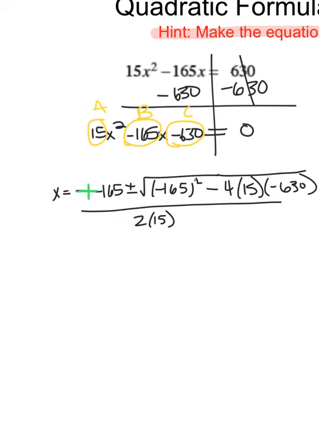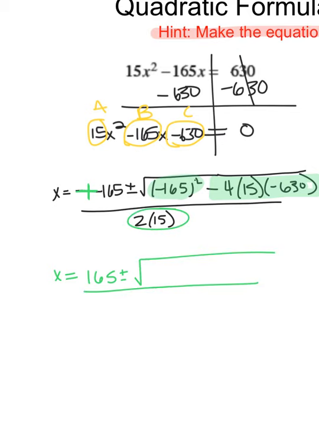And then we're going to look at the parts under the square root. We need to calculate negative 165 squared, or that means negative 165 times negative 165. Then we need to multiply negative 4 times 15 times negative 630. The numbers are really large, so I'm not going to read them all out, but just start by rewriting. X equals 165 plus or minus square root, and the denominator all over 2 times 15 is 30.